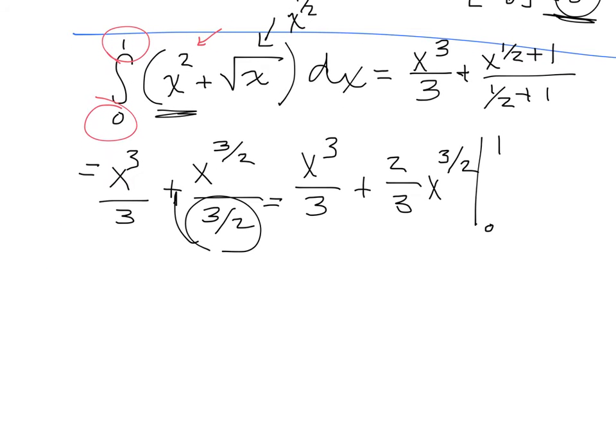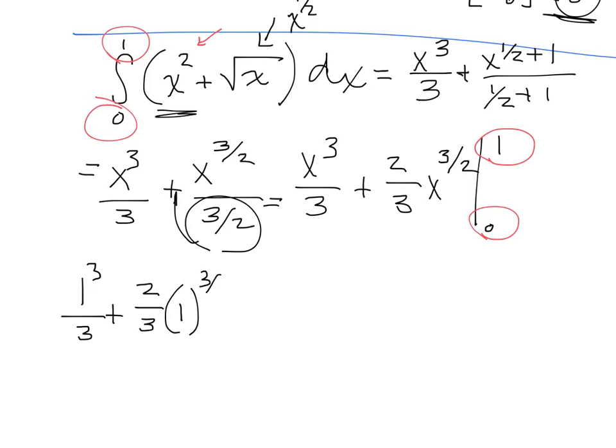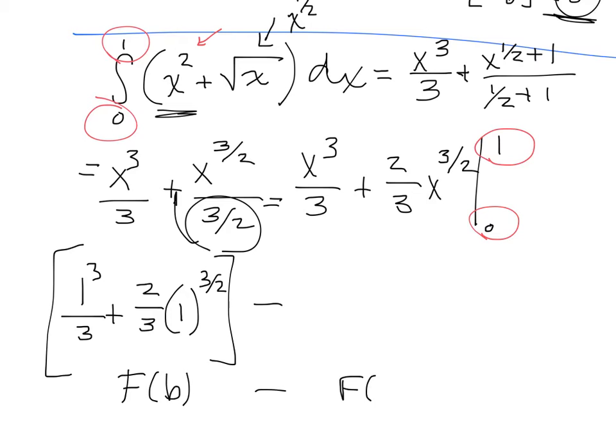So once you get the antiderivative, then you just plug these values into your function and subtract them. So let's plug 1 in. So I'm going to have 1 cubed over 3 plus 2/3 times 1 to the 3/2 power. That's the first one. That's my f of b, minus my f of a, which is plugging in 0.